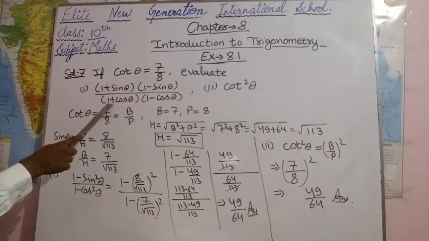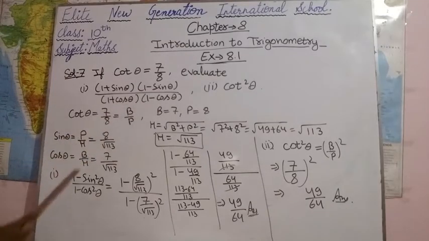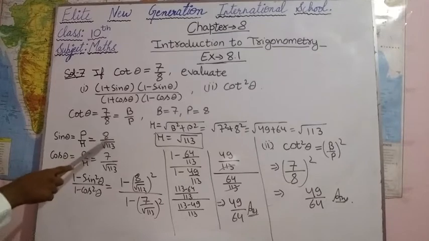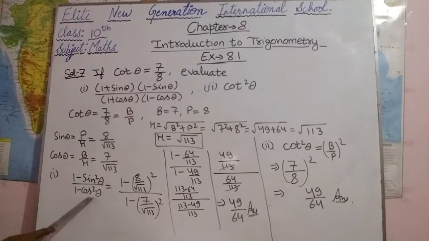Similarly, here also (a plus b)(a minus b), so a square minus b square, so it will be 1 minus cos square theta. By putting the values of sin theta and cos theta, it will be 1 minus sin square theta, where sin theta is 8 upon under root 113 whole square, and 1 minus cos square theta will be 1 minus 7 upon under root 113 whole square.